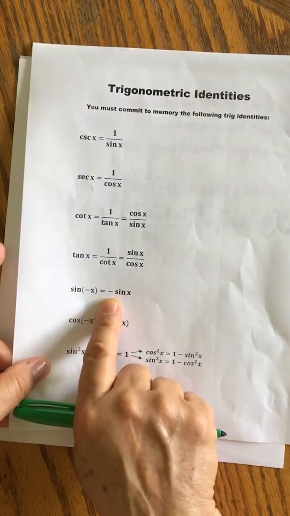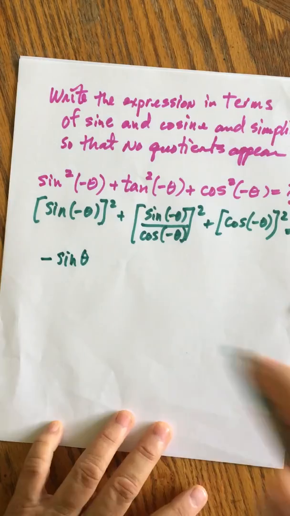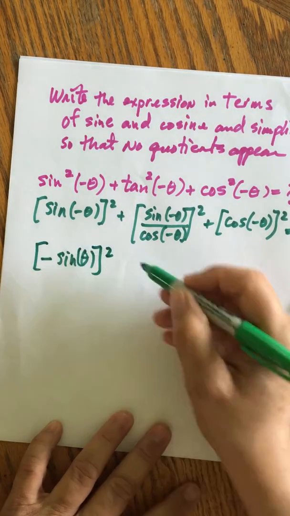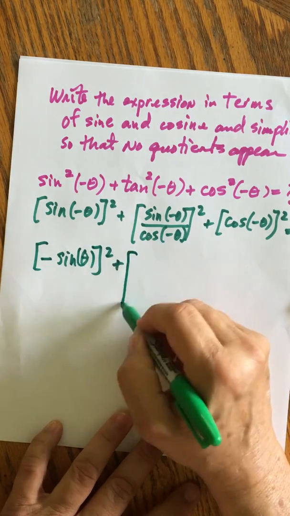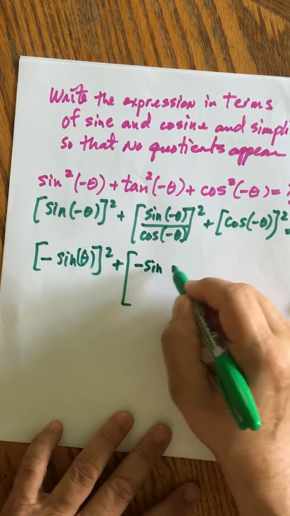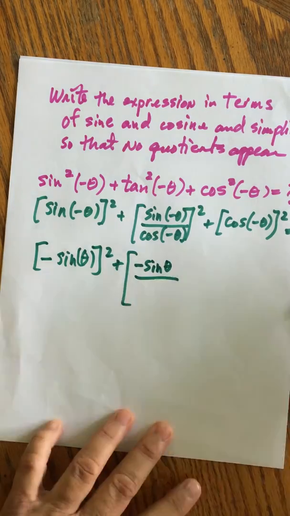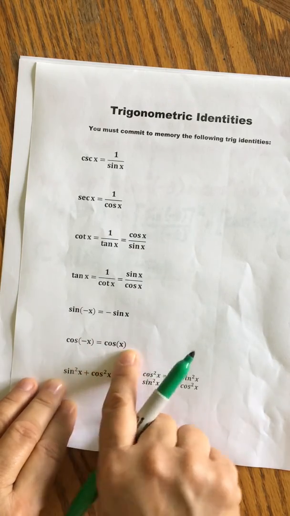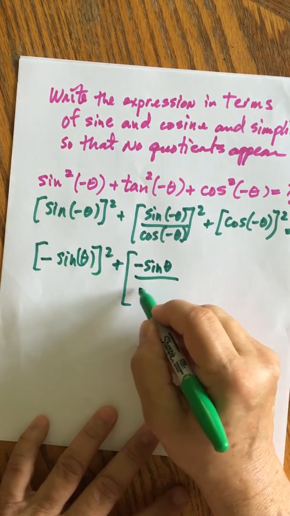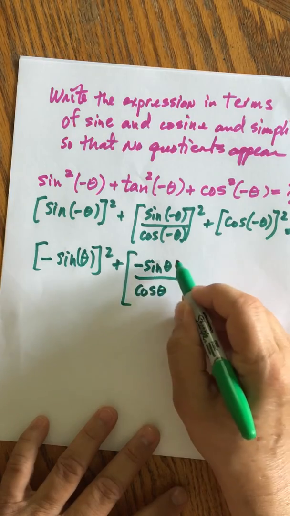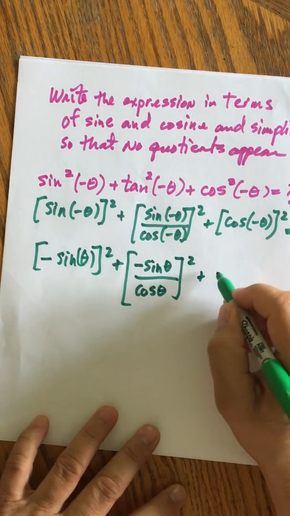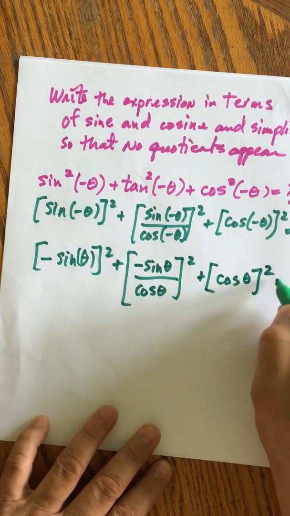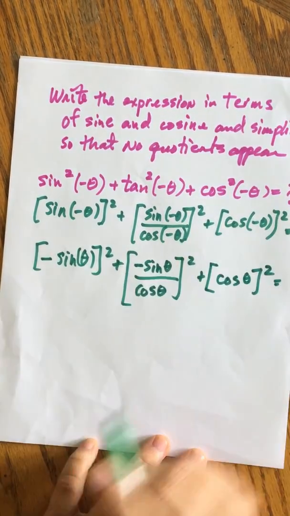So now I just have that. If you want to do that, you can. And then here, this would also be negative sine of the angle. Now the cosine of the negative of the angle is just cosine of the angle. So I'd say cosine of theta here. And now here, this is going to be just cosine of the angle, right? Applying that identity.